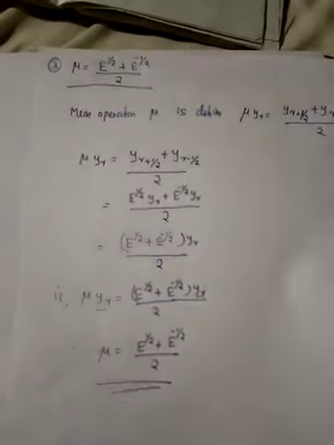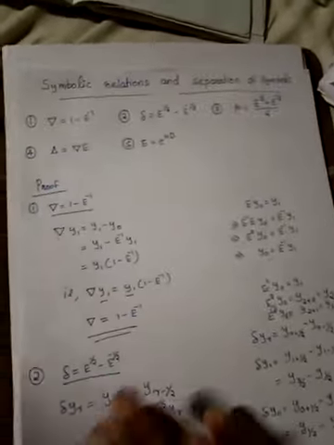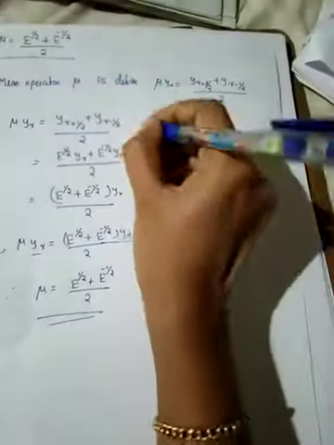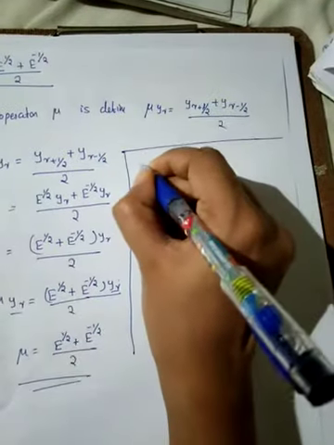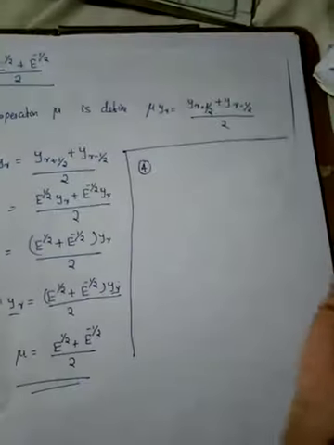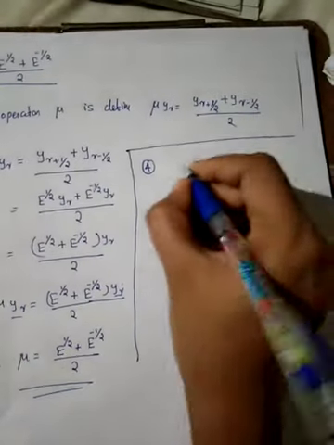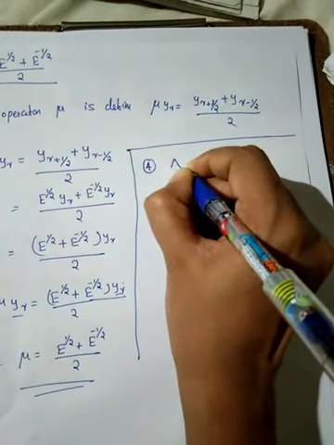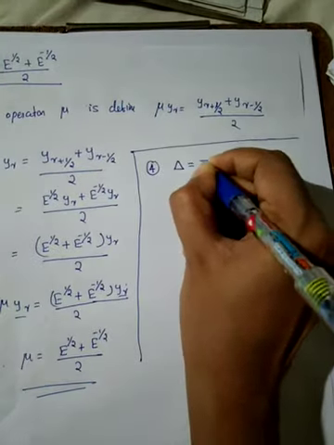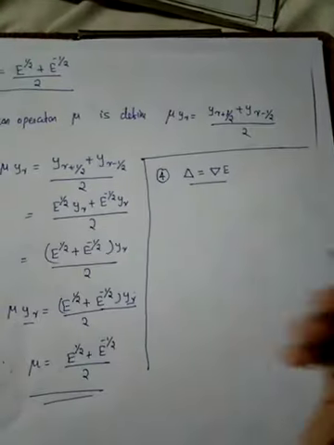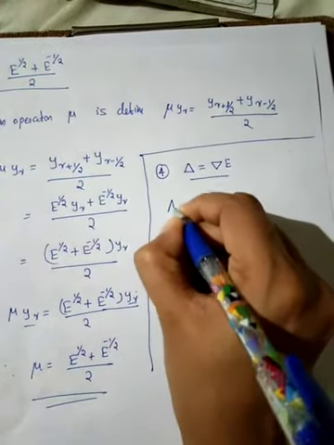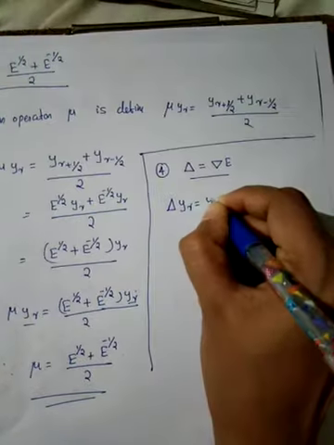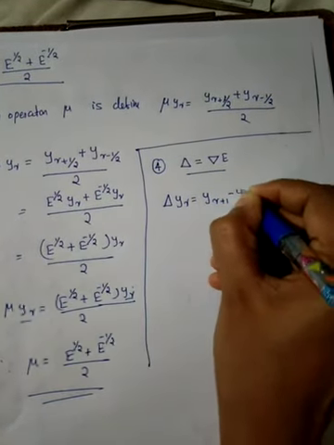And next we have to prove the fourth result. We have Δyr equal to yr+1 minus yr.